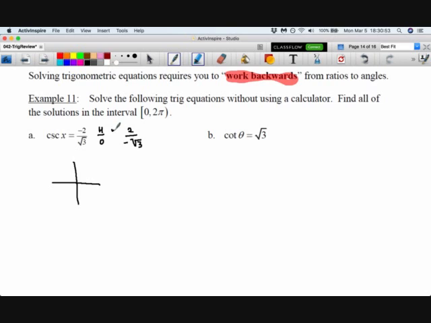So we're talking about the radius over the y-coordinate, if that helps you. If the radius is 2 and the y-coordinate is -√3, we have two places where the y-coordinate could be -√3. We have this in quadrant 3, and we have this guy in quadrant 4.